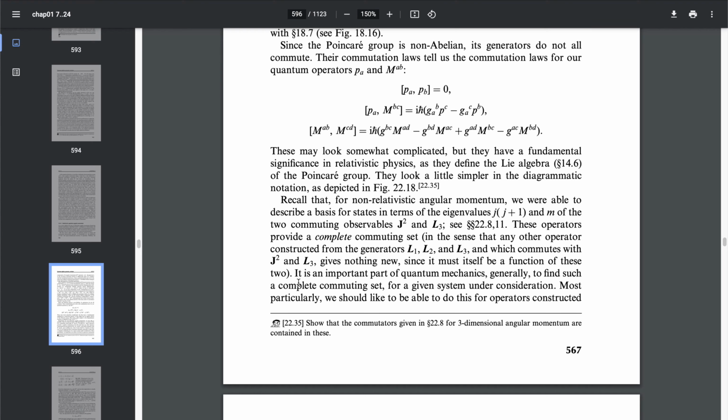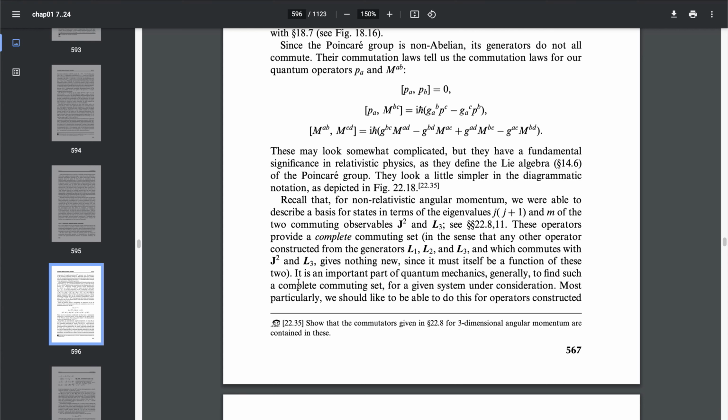And if you take G squared and L3, then any other operator constructed from generators will commute with G squared, and an operator which commutes with both of those gives nothing new, since it must itself be a function of these two.